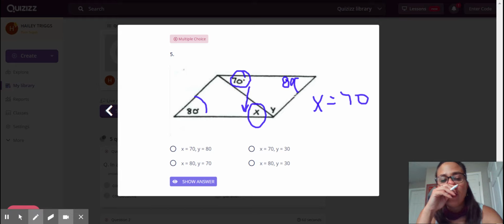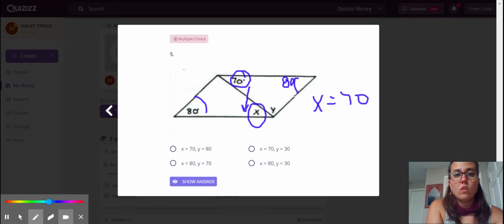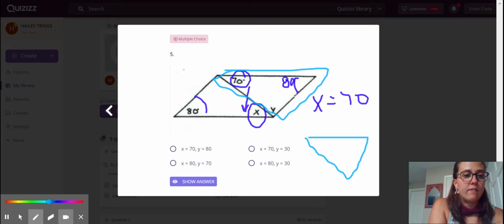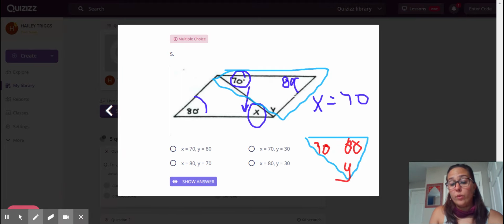And then to figure out what y is, well, this triangle, right, the singular triangle, if we redrew it over here, let's say we drew it like this. We know that this is 70 and this is 80. So then what is y? Well, we know that a triangle has 180 degrees in it.